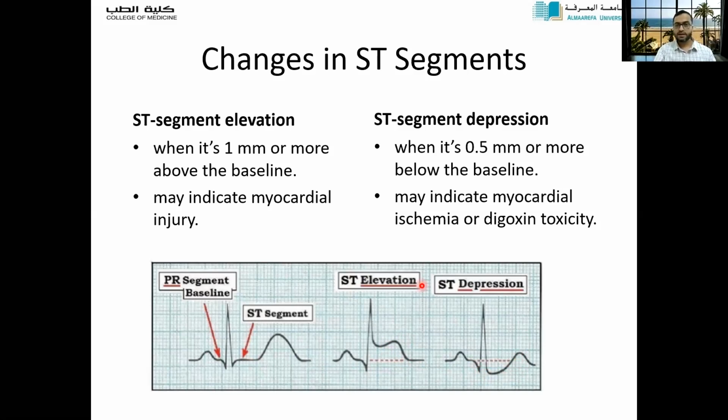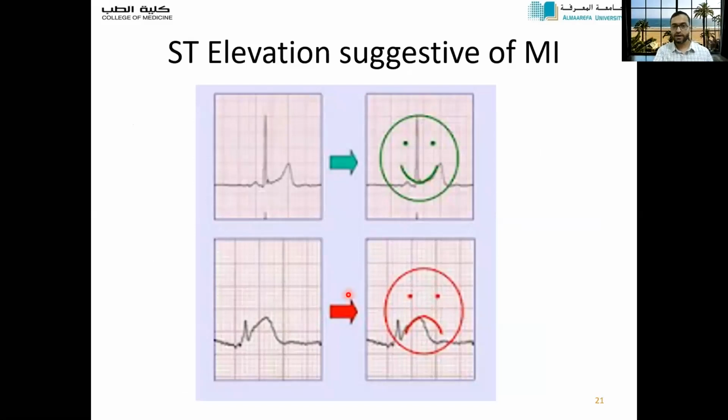All ST segment elevations are not myocardial infarction. Remember this. There is a criteria for myocardial infarction. First thing, the elevation of the ST segment should have a convexity upwards. In this green picture, you can see the convexity is downwards.